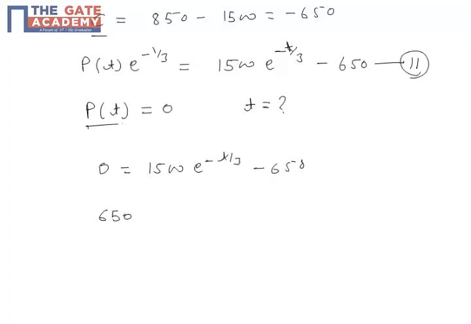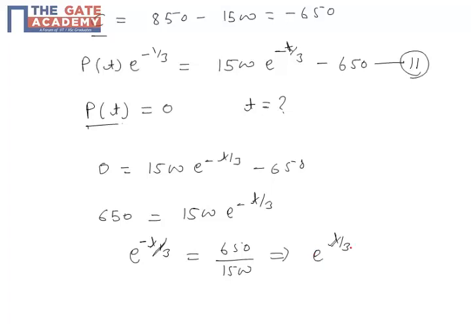So 650 equals 1500 e to the power minus t/3, so e to the power t/3 equals 1500 upon 650.